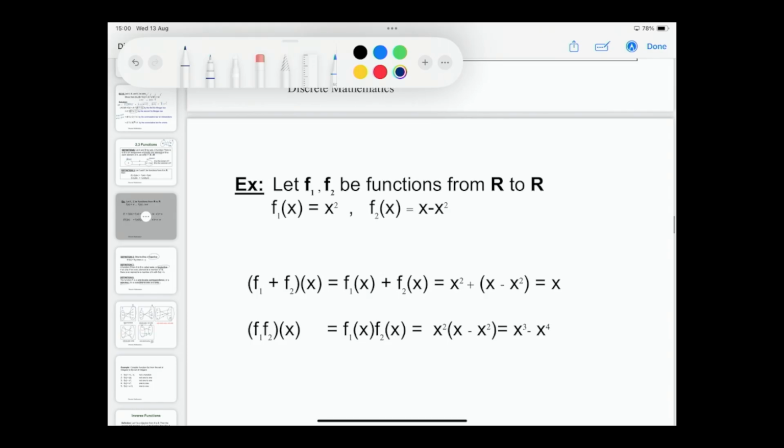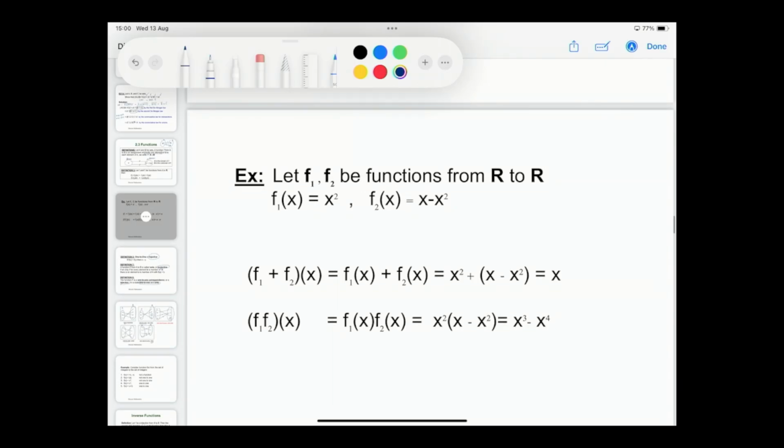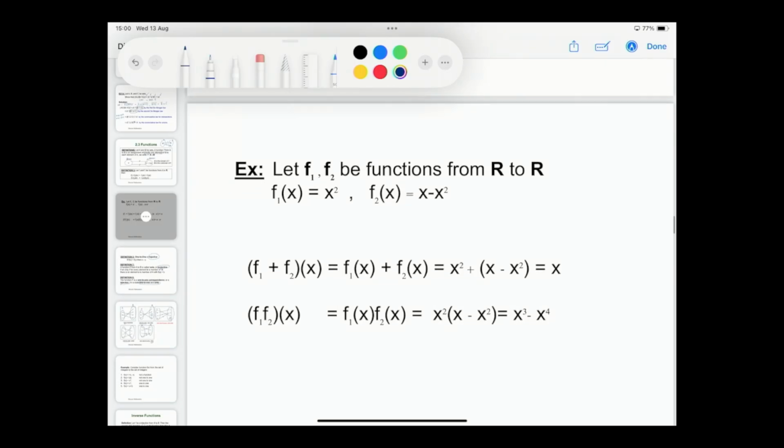We could do arithmetic operations for functions as well. We talk about functions for now. Considering two functions, F1 and F2, we can have an arithmetic operation like F1 plus F2, or F1 times F2.